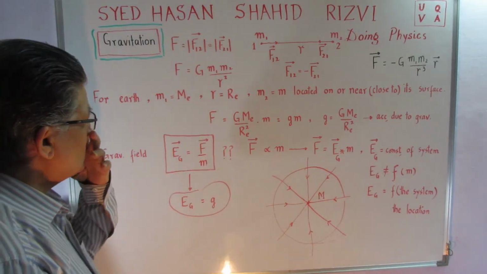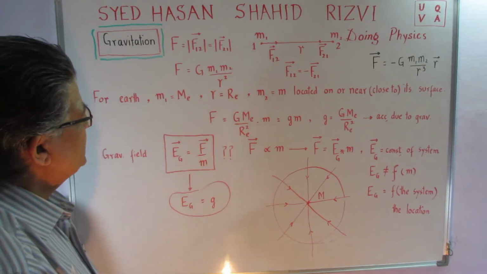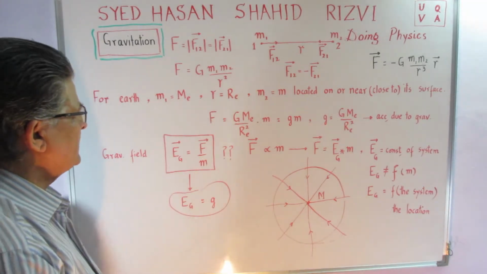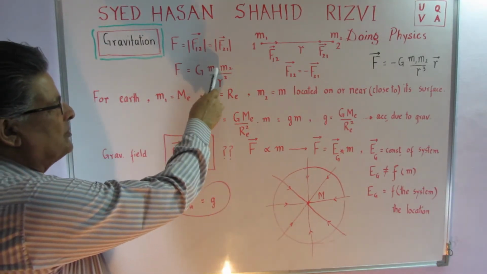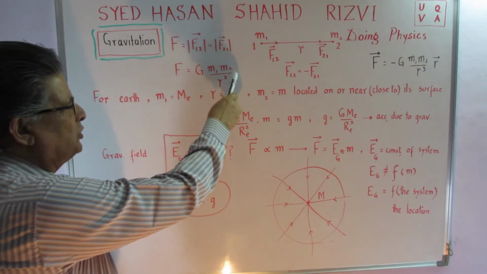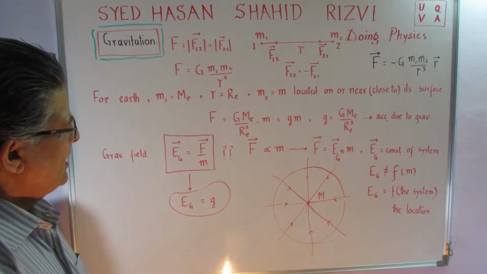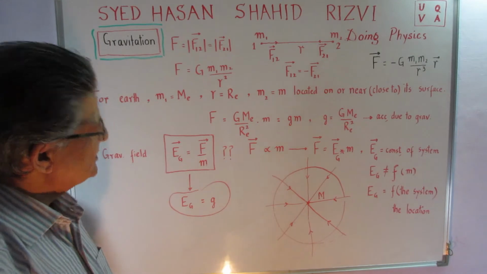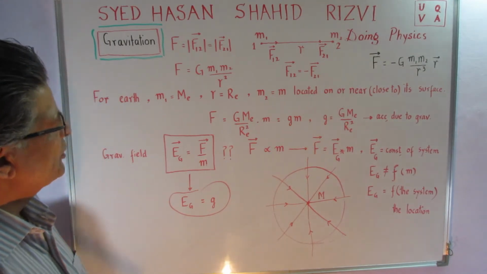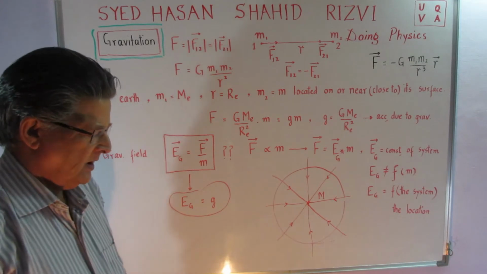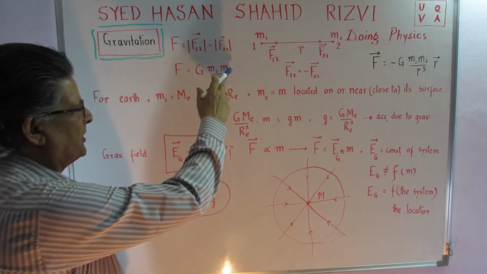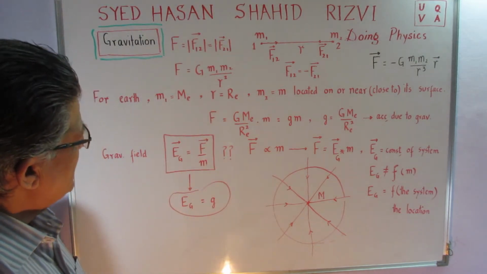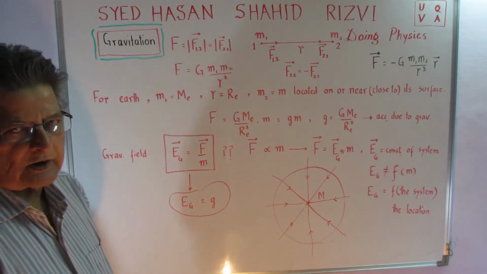So if we take all these things together for mathematical consistency, I can write that F is proportional to m1 into m2 into 1 upon r square. And then we get the constant of proportionality of the system, and that turns out to be capital G, and of course capital G does not depend upon m1, m2, r, or the shape, size or whatever of the bodies under consideration.